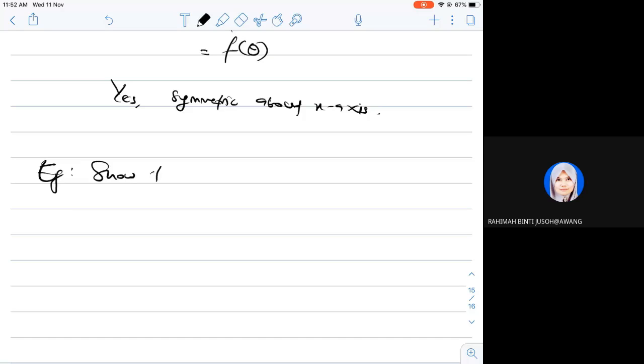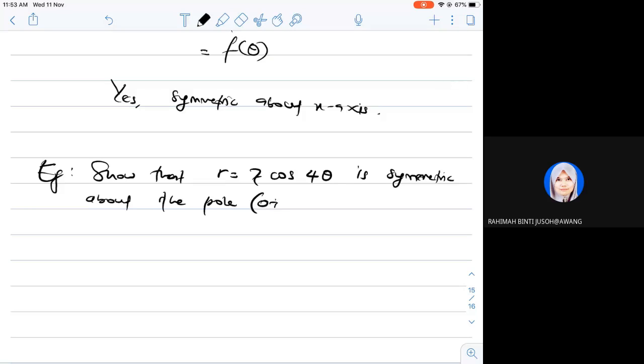Show that R equals to 7 cos 4 theta is symmetric about the pole. The pole or origin. Okay, some books call this as origin. Sama lah, benda sama. Okay, about the pole or origin.